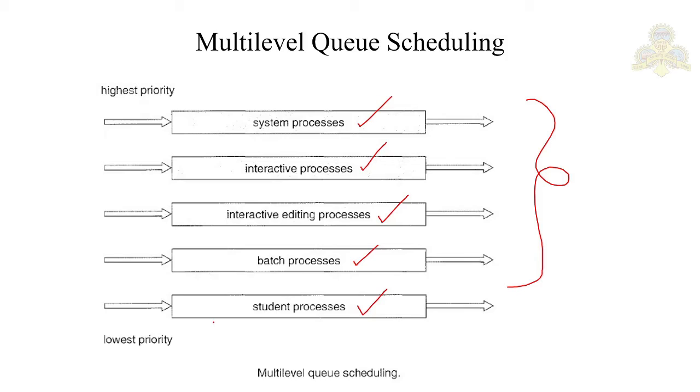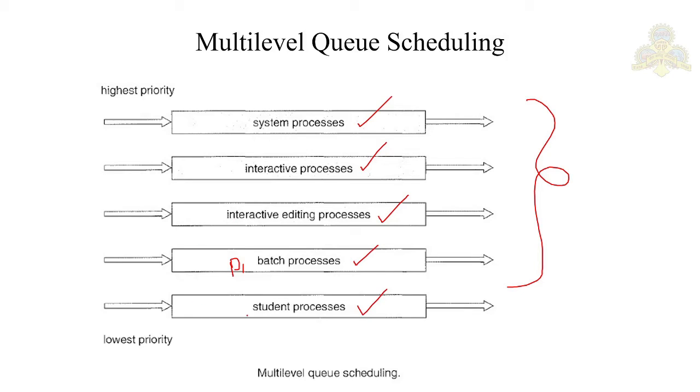Say for example, now you want to execute one process which is in the batch process queue. Okay, say we have a process p1 here, and we want to execute this process. Now the condition is such that whenever you want to execute something from the batch process queue, you have to make sure your system process queue is empty, interactive process queue is empty, and interactive editing process queue is empty.